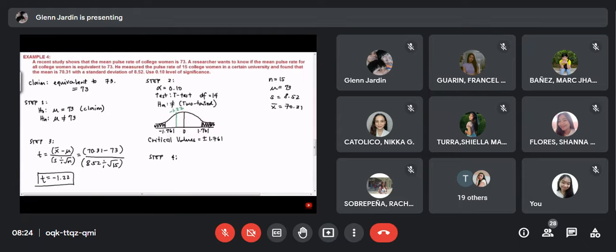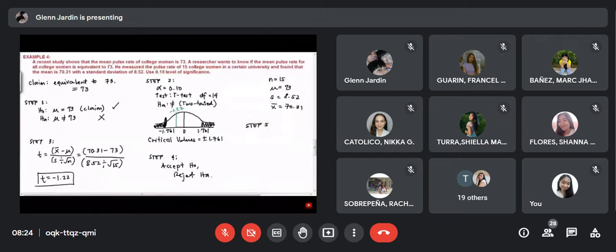So, nandito si negative 1.22, nandito si negative 1.7. Ibig sabihin, hindi siya pumasok dun sa rejected region kasi this one is negative 1.7. Nandito lang siya, si negative 1.22. Therefore, accept HO, then reject HA. Tama? Okay? So, accepted to dahil sa graph natin. And then, syempre, gagawin sa isa, reject siya.